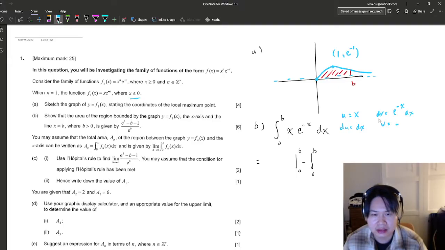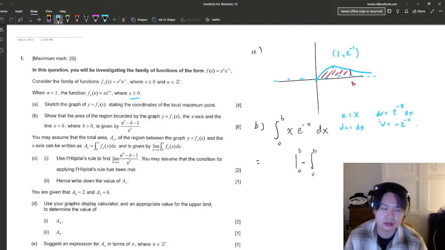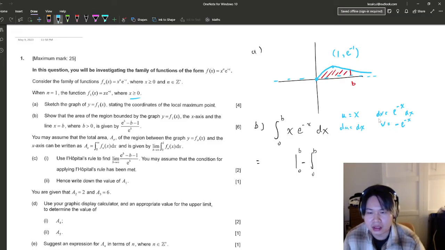So when I integrate, it should be this. Okay, maybe this will make things work out. I think it does. So now, aha.